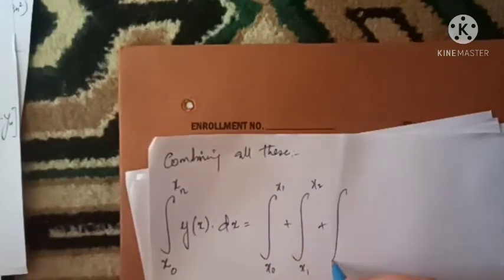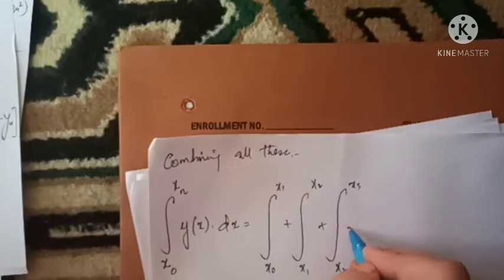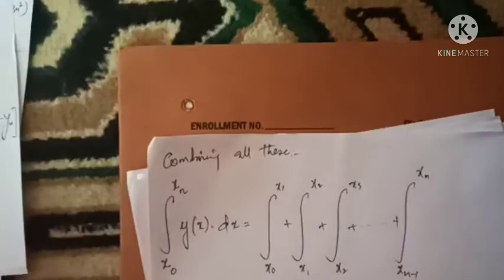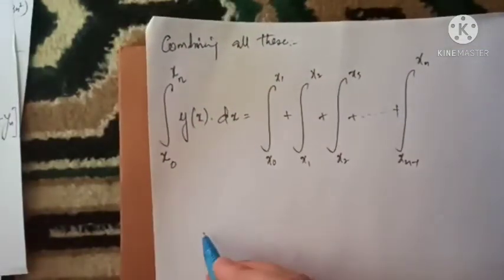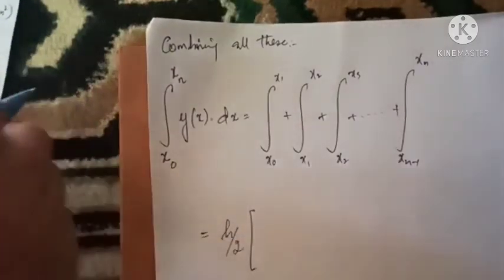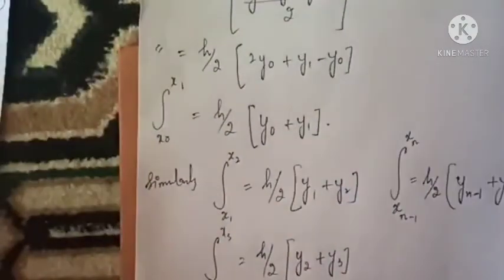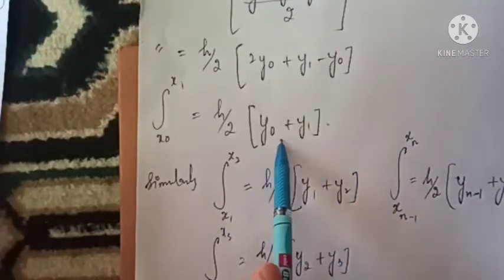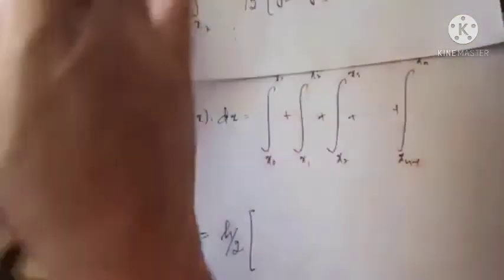So this will be x0 to x1 plus x1 to x2 plus x2 to x3 and so on up to x of n minus 1 to x of n. This will be equal to, we know that in each one h divided by 2 is a common thing, right? Then clearly you can see y0 appears only in the first integral, so we can take it out.